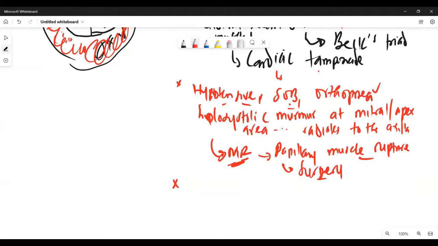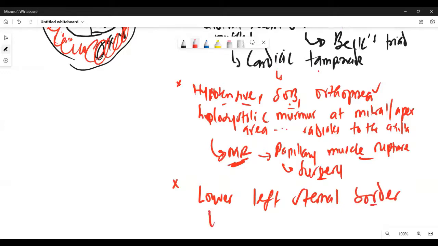But the holosystolic murmur is at the lower left sternal border. And then sometimes they can describe this type of holosystolic murmur as harsh holosystolic murmur.